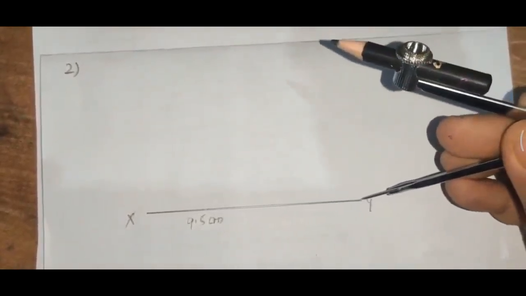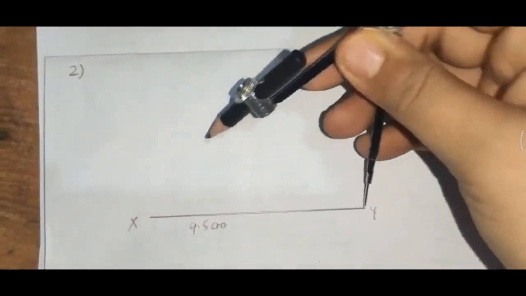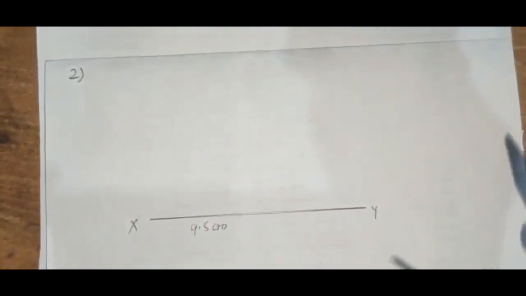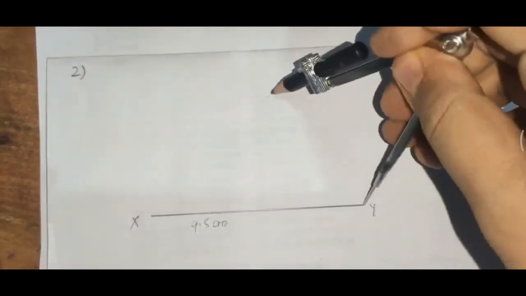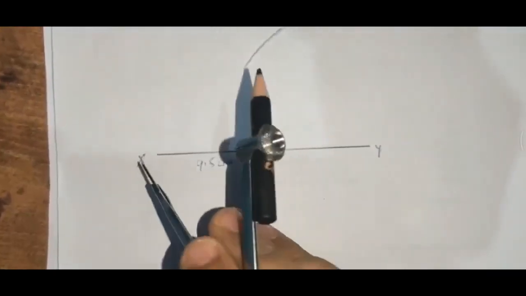Take distance in your compass more than half. Then make arcs, one above the line, second below the line, and from X again above the line, and from Y and from X one below the line.